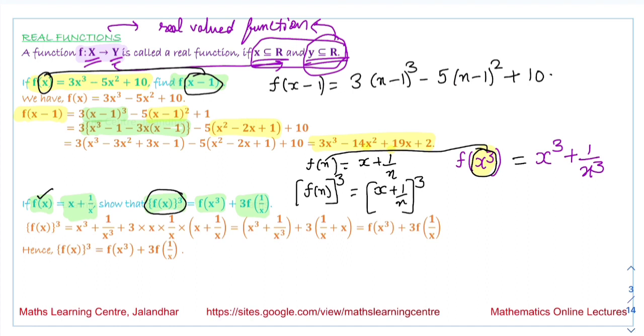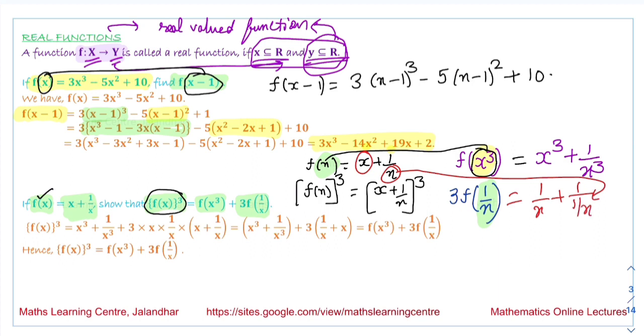The last term we have is 3 times f(1 by x). Now what does this term mean? In place of x we have to write 1 by x. In place of this x we are writing 1 by x. So this term will be equal to x.